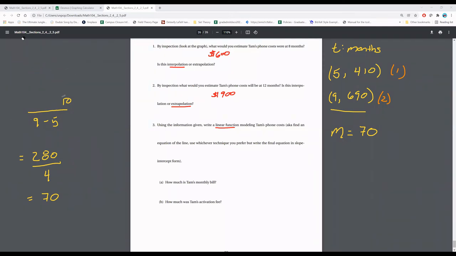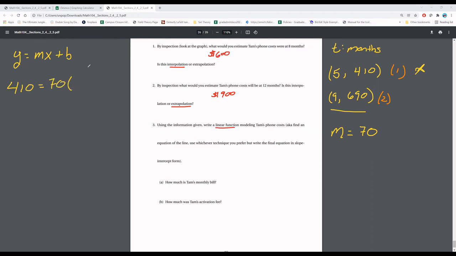Next thing we need is the intercept. To grab a hold of the y-intercept, since we're using a linear function, that means slope-intercept form. Might as well just use my old friend, y equals mx plus b. We know m now, and we have 2 points on this line. I'll just use the first one. Smaller numbers, usually easier arithmetic. m is 70, and the x here is a 5.